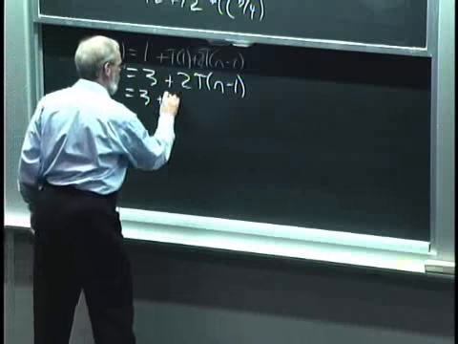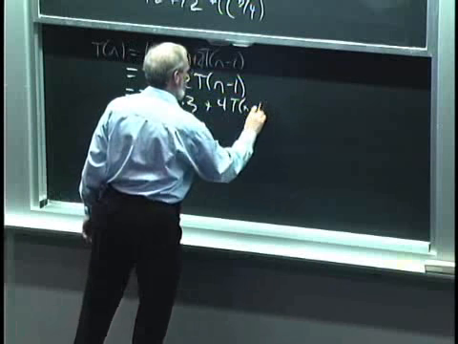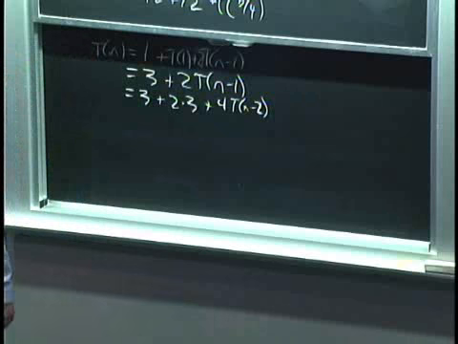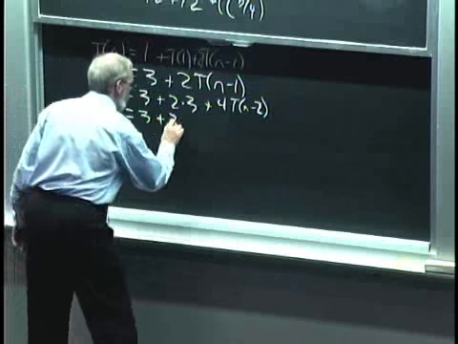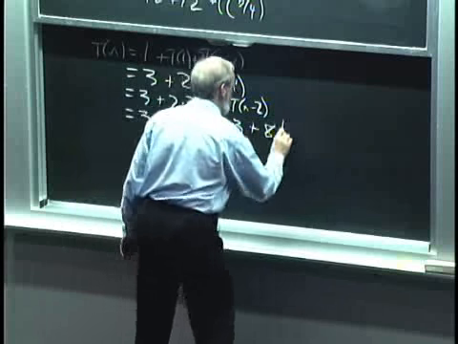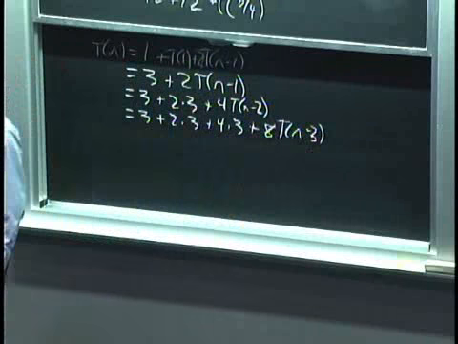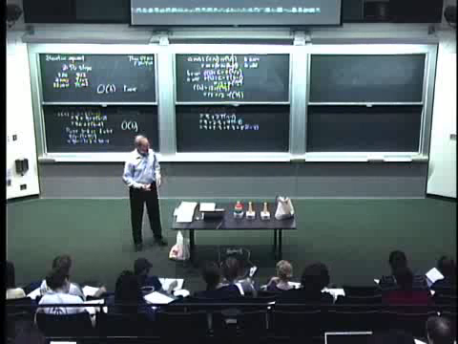So this is 3 plus 2 times 3 plus 4t of n minus 2. And if I substitute it again, I get 3 plus 2 times 3 plus 4 times 3 plus 8t of n minus 3. This is going by a little fast. I'm just substituting in. I'm going to skip some steps.